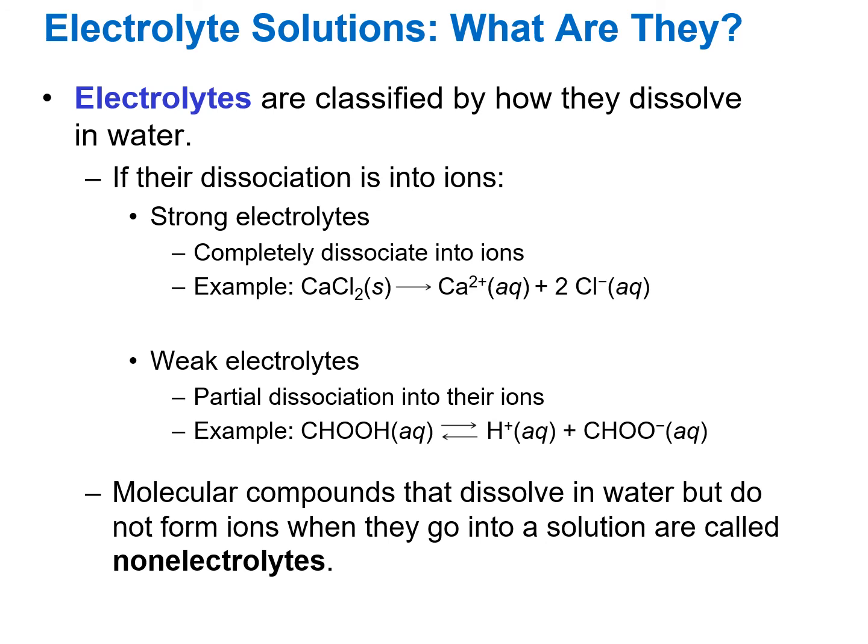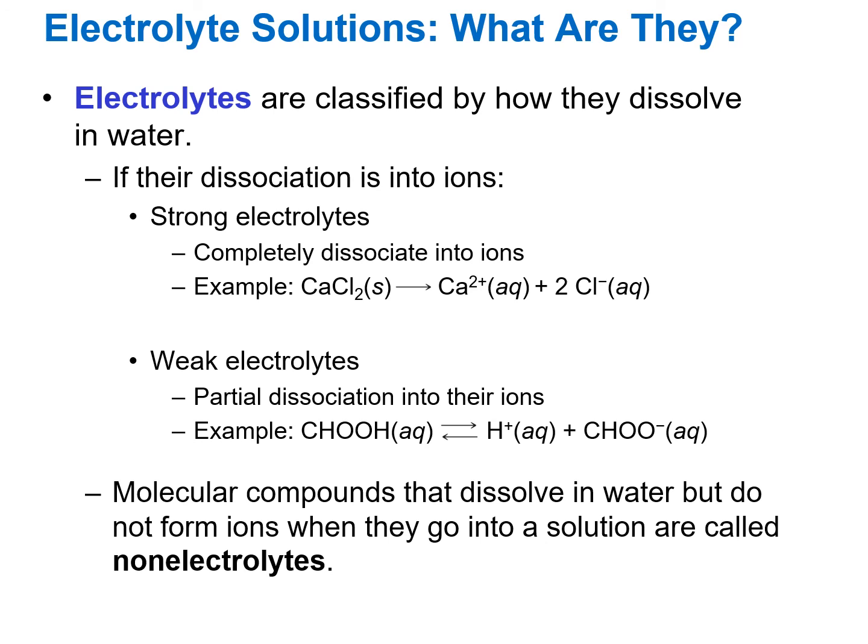Now, depending upon their willingness to create ions in water, an electrolyte could be described as strong or weak. So if the dissociation of ions happens completely, as in the case of calcium chloride, we would say that this is a strong electrolyte.